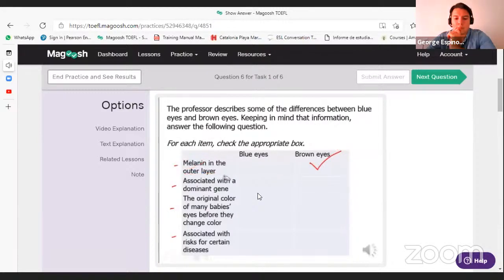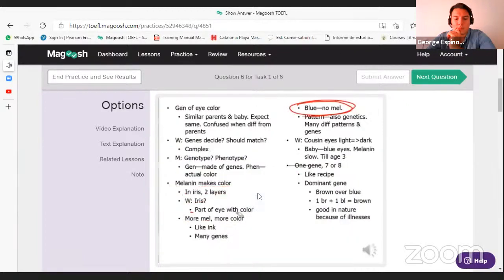Next, associated with a dominant gene. The professor talked about dominant genes near the end of the lecture, and in that part, he said that brown is dominant over blue eyes. In fact, if you have one brown-eyed parent and one blue-eyed parent, the child will have brown eyes eventually.